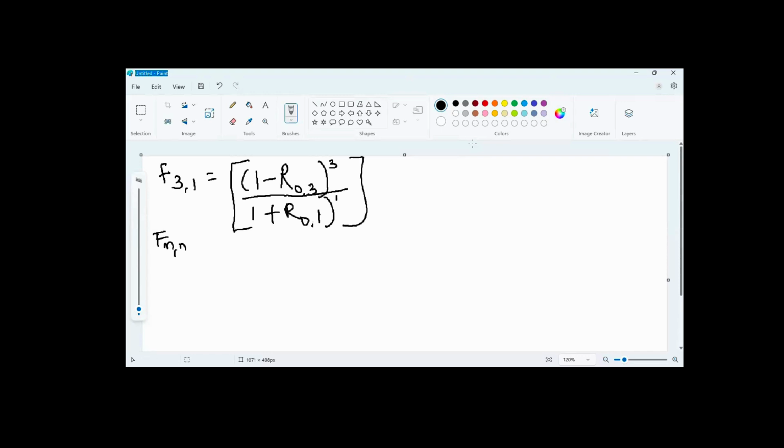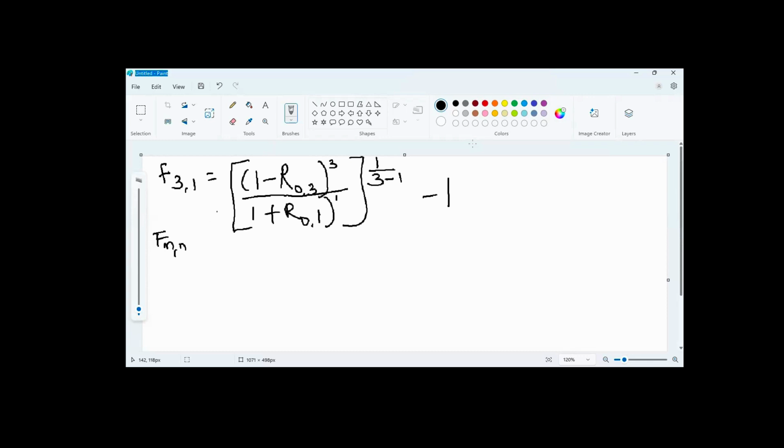Close my bracket. 1 over my M. My M is 3. 3 minus my N is 1. Everything minus 1. I've taken this to formula now. From the formula, remember the formula F M, N: your number 3 represents your M, while N represents your 1.